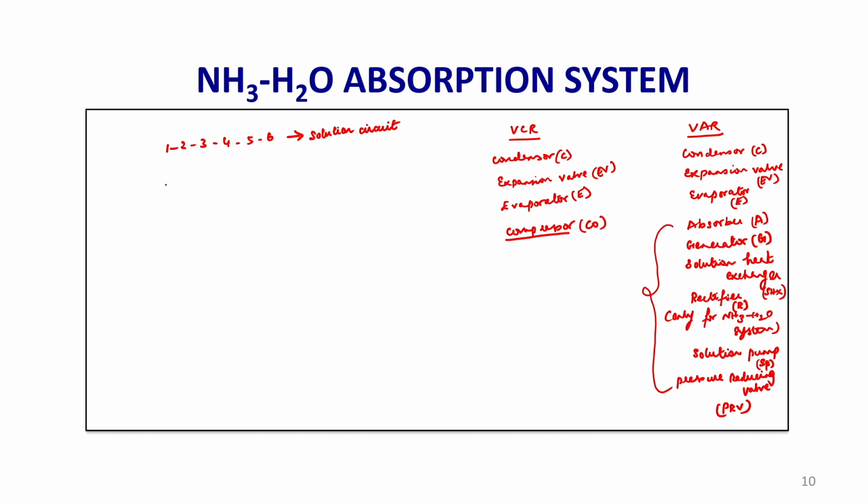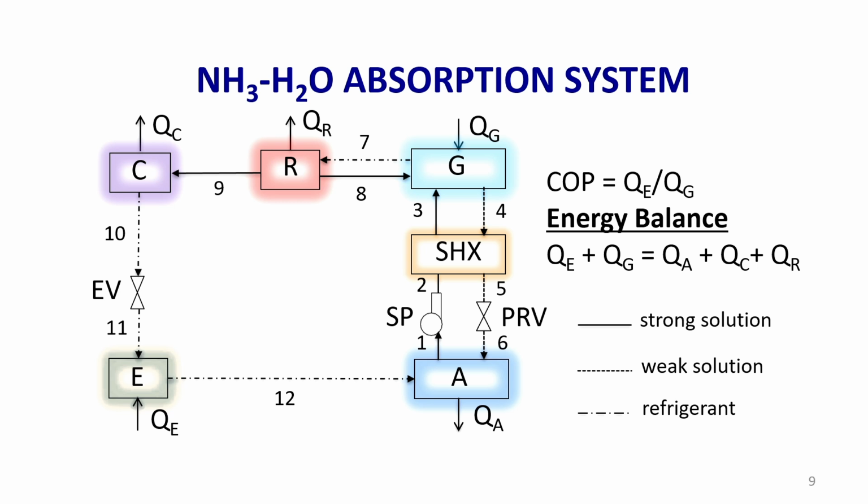In this, 1 to 2, 2 to 3 is the strong solution circuit. I have used a continuous line for strong solution. You can see here the continuous line represents strong solution, the dashed lines represent weak solution, and a dot line represents the refrigerant.